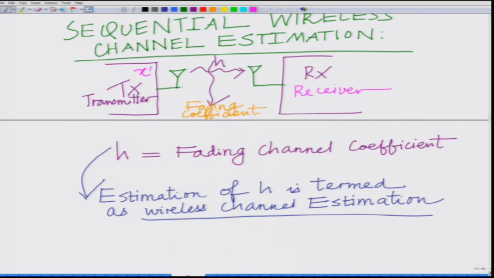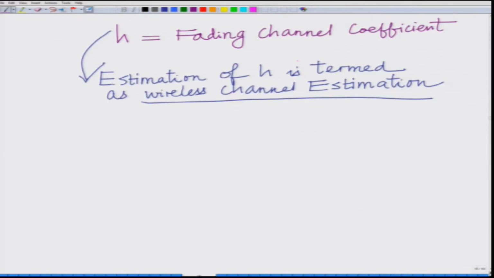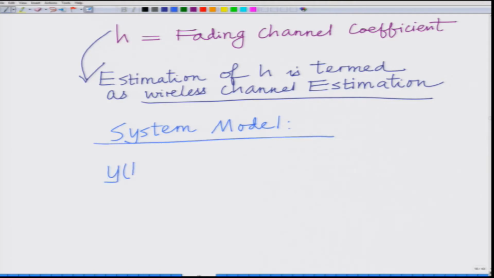We transmit the pilot symbol xk and receive the corresponding pilot output symbol yk, and the system model for this, which we have already seen, is yk equals H times xk plus Vk.